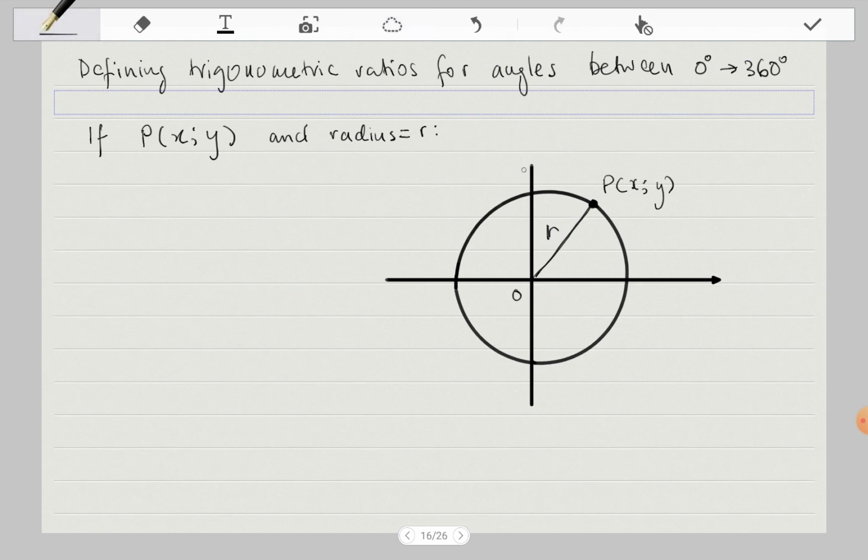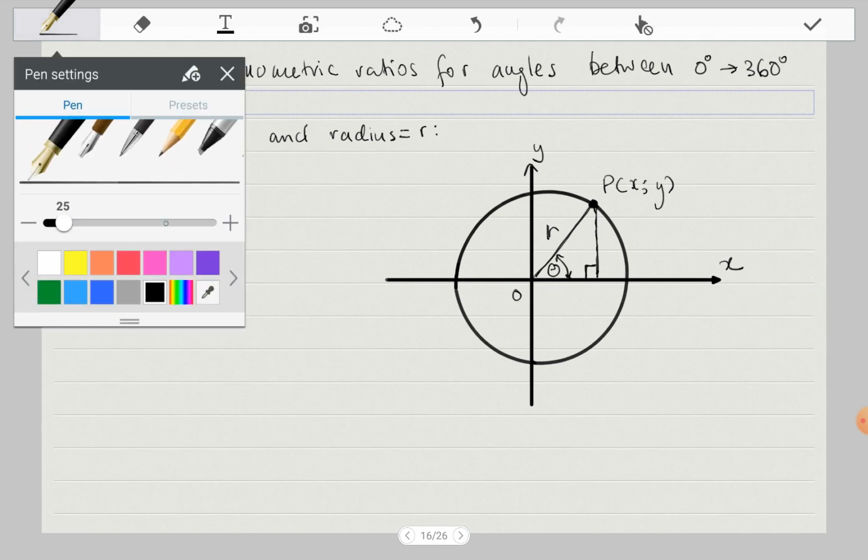So that's your origin, that's your y-axis, and this is your x-axis. If we close this off and make it into a right angle triangle and put in the theta, this is the angle that we're working off of in our triangle.